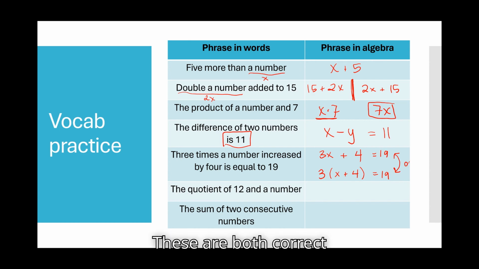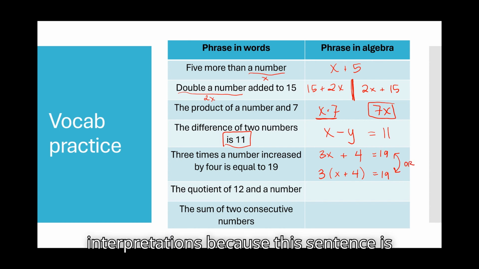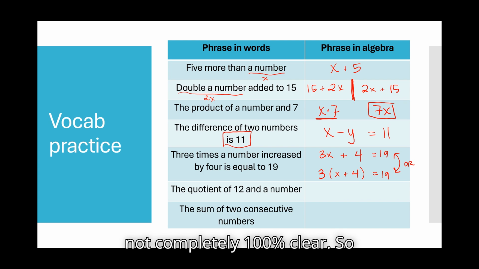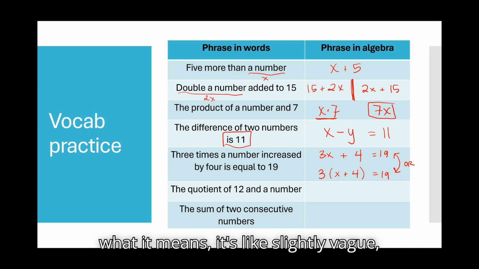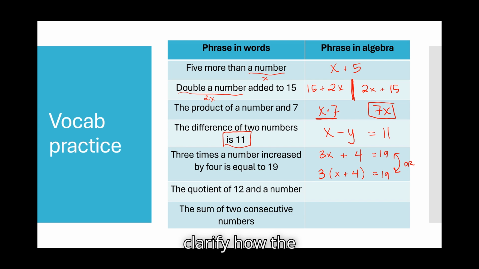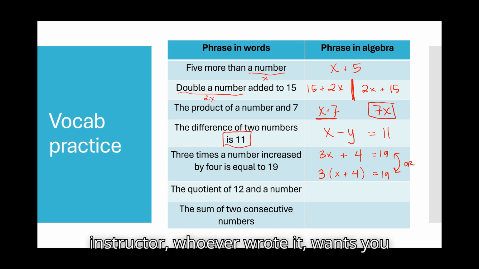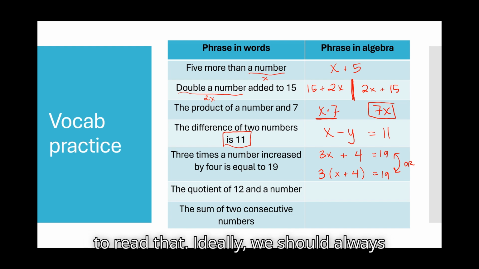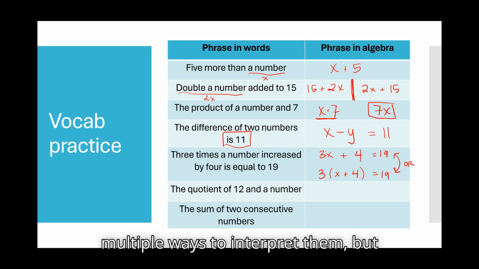These are both correct interpretations because this sentence is not completely 100% clear. So if you run into a sentence like this where you don't really think you know what it means, it's slightly vague, please ask a question. That's a time to clarify how the instructor, whoever wrote it, wants you to read that. Ideally, we should always be writing sentences that do not have multiple ways to interpret them, but we're not perfect.